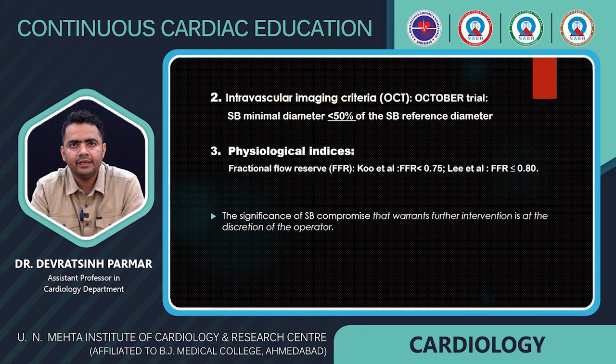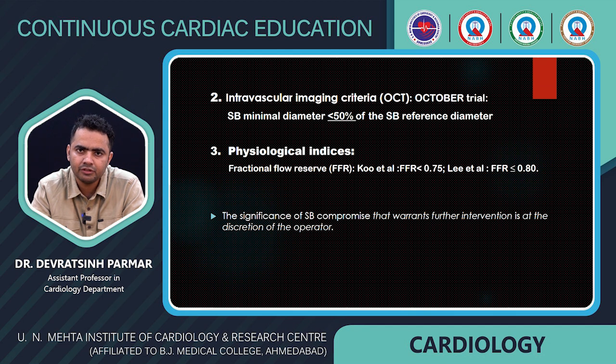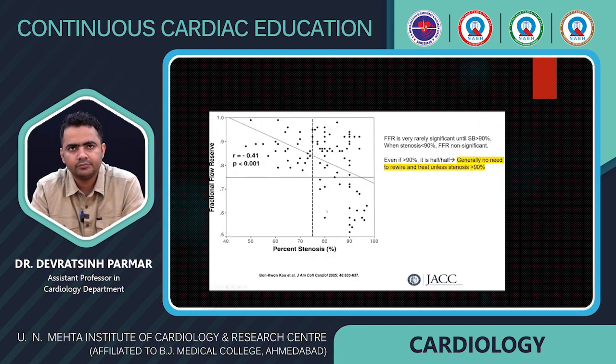Okay. And now based on IVUS, if the small branch minimal diameter is less than 50% as compared to your reference diameter, we should consider it significant, or FFR less than 0.75. Okay.